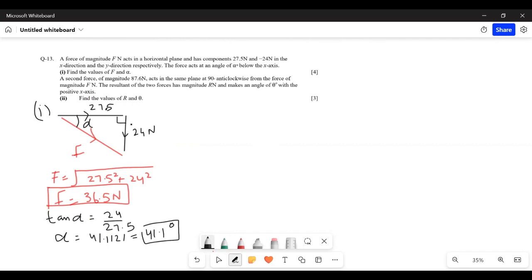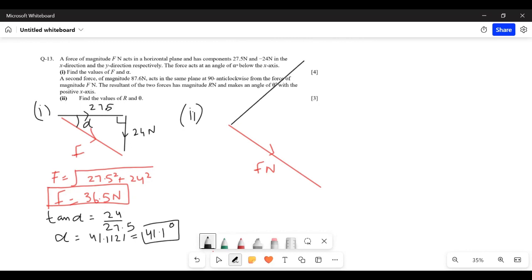A second force of magnitude 87.6 newtons acts in the same plane at 90-degree anti-clockwise from the force of F Newton. Okay, so let's draw this. अच्छा जी. So that's F Newtons. इसके 90 degree पे there's another force now.